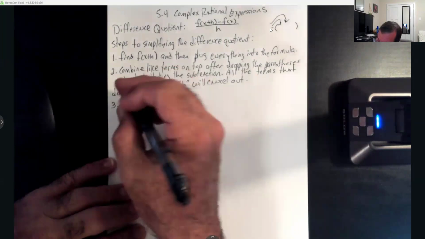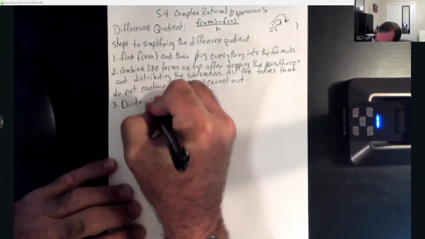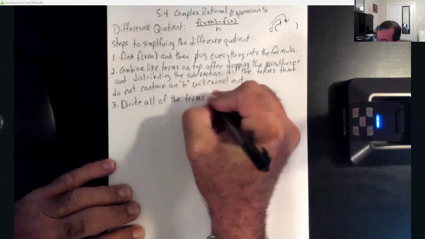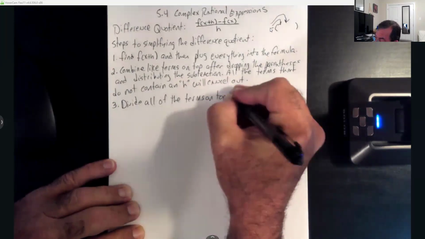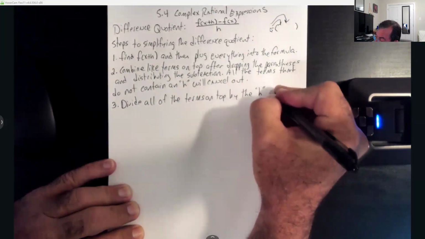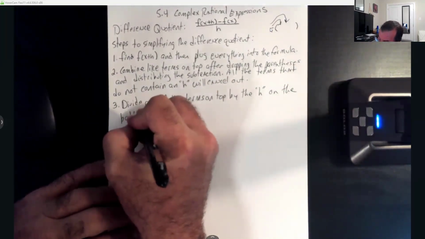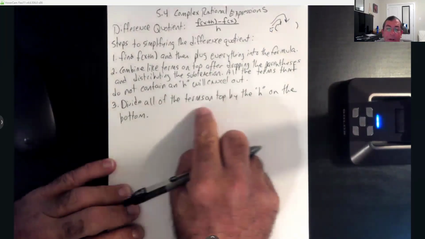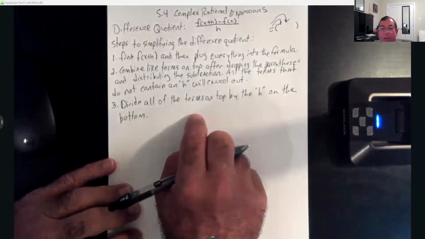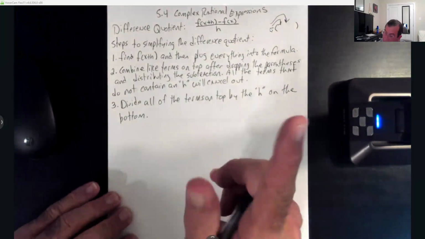So my next step is to divide all of the terms on top by the h on the bottom. Okay, so everything on top will be divided by the 1h you got on bottom, because you sort of got to distribute division just like you do multiplication, okay?